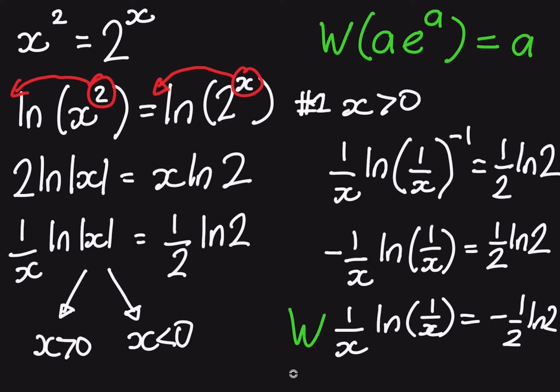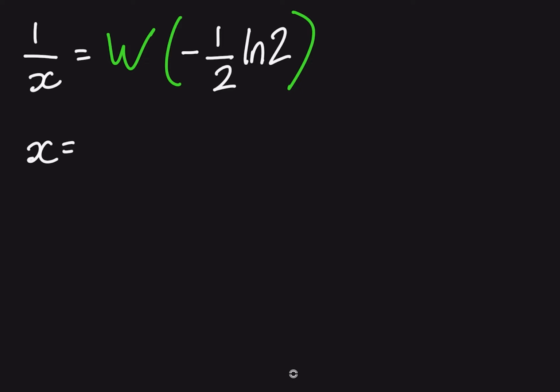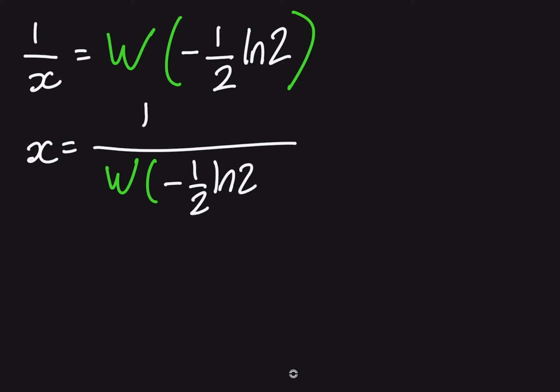If I apply this function to both sides, what I'll now have is 1 on x equal to the Lambert W function of a negative half ln 2. Therefore, x is equal to 1 on W of negative a half ln 2. And solving this will give the answer of 2.